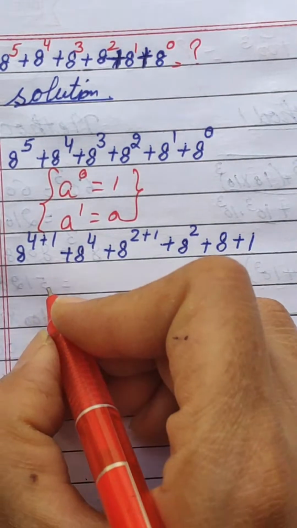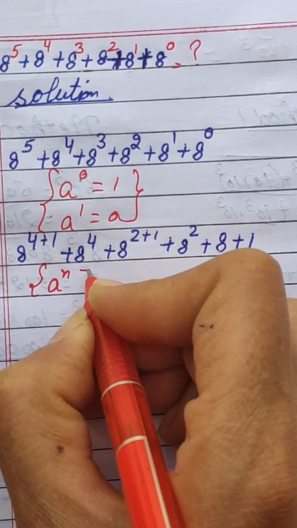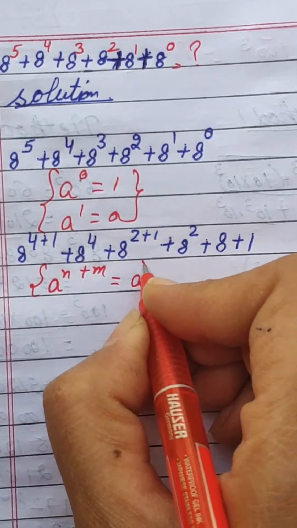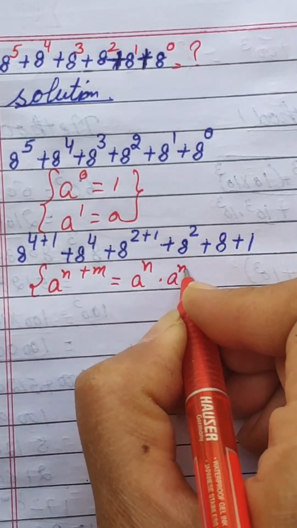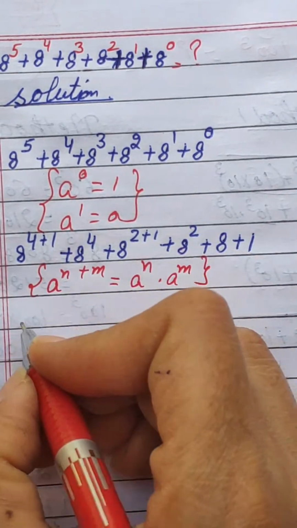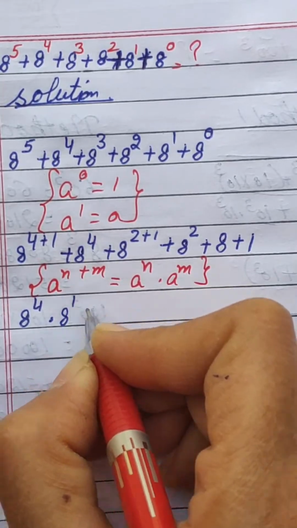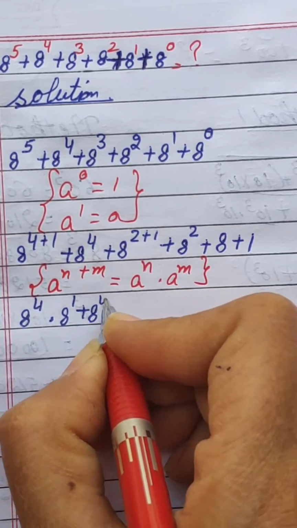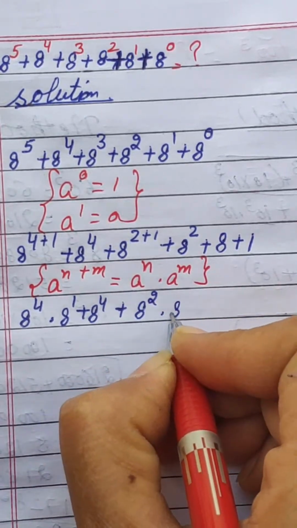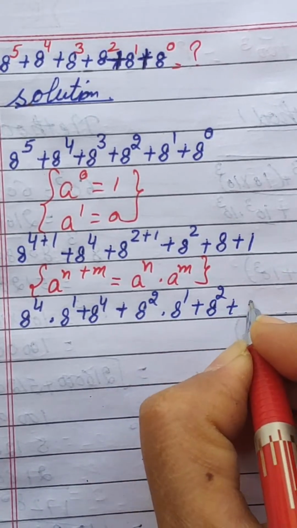So here I'm using this method, that a raised to the power n plus m is equal to a raised to the power n into a raised to the power m. So we'll write it here: 8 raised to the power 4 into 8 raised to the power 1 plus 8 raised to the power 4 plus 8 raised to the power 2 into 8 raised to the power 1 plus 8 raised to the power 2. 8 plus 1 is equal to 9.